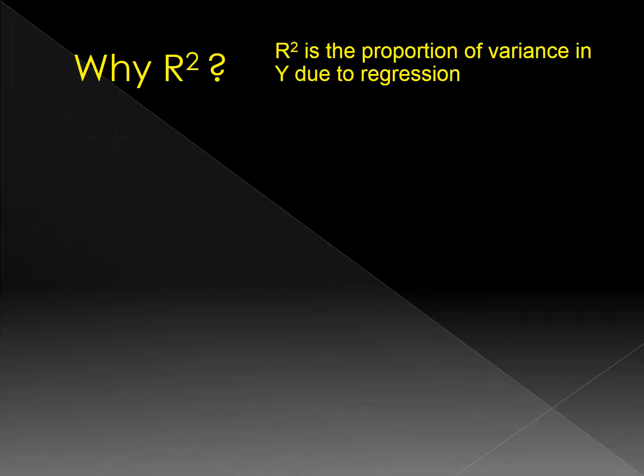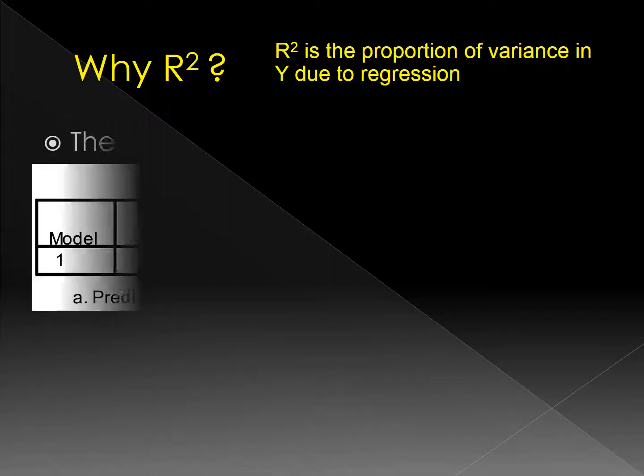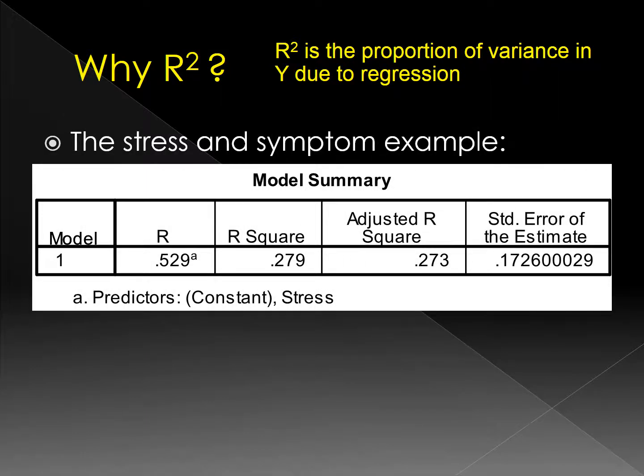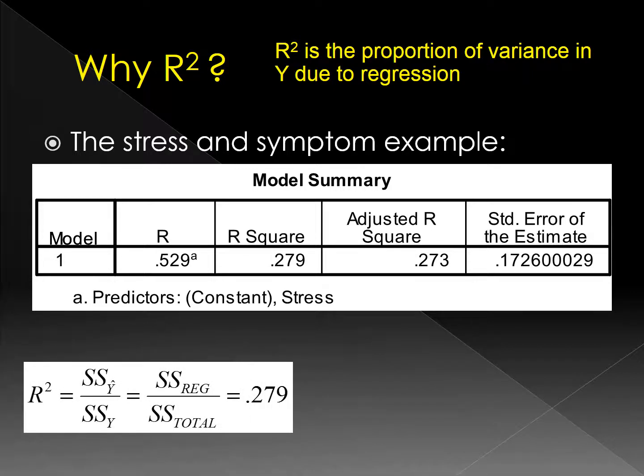R squared is the proportion of variance in Y due to the regression. Look at our example of the stress and the symptom. The correlation between stressor and the symptom is 0.529. R squared is 0.279. R squared equals SS regression divided by SS total.